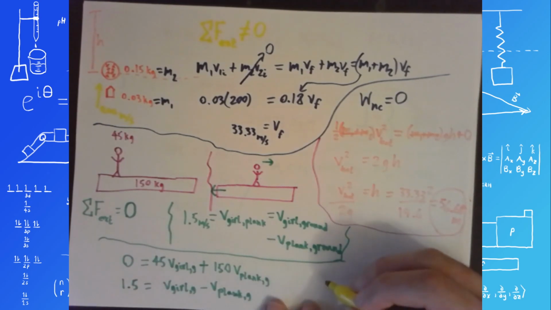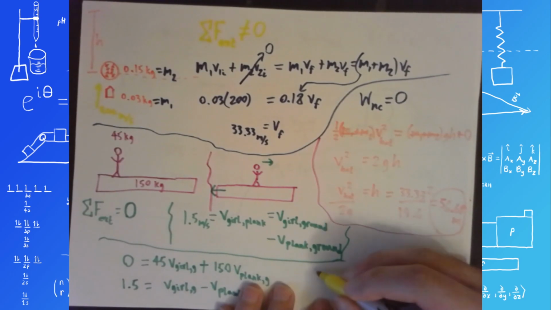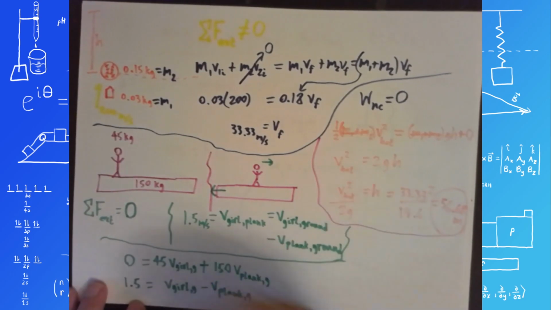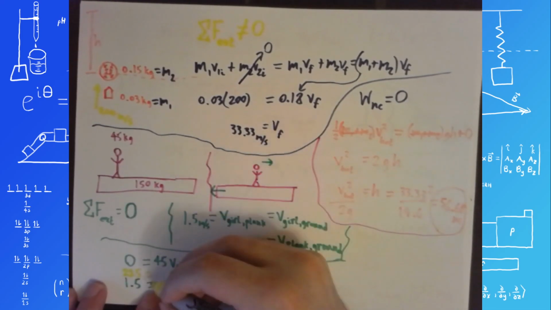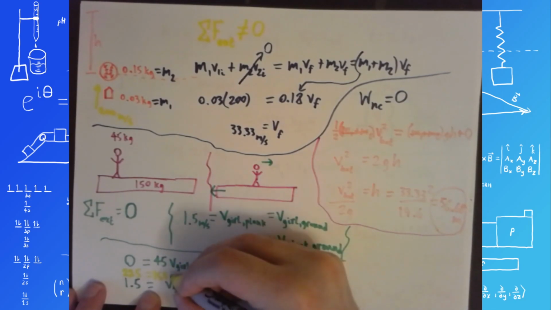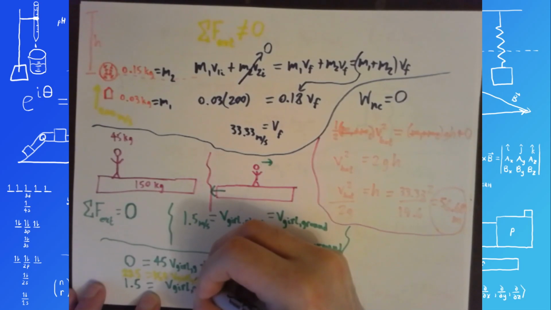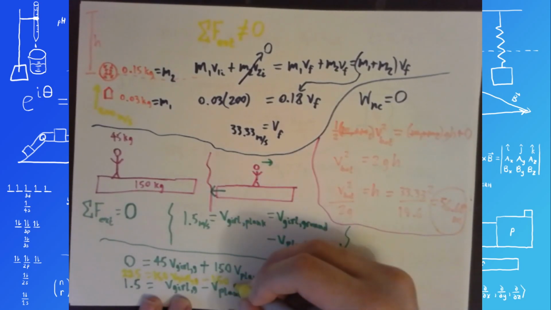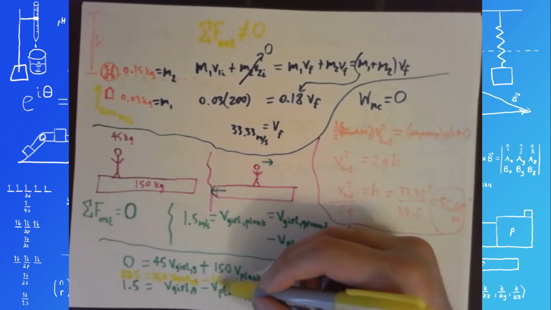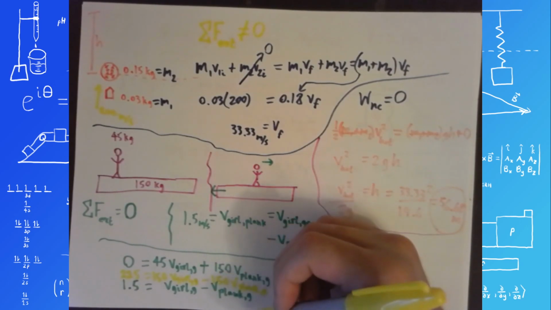So that gives me 225 equals 150 v girl relative to the ground minus 150 v plank relative to the ground. Minus 150 and plus 150 cancel out.